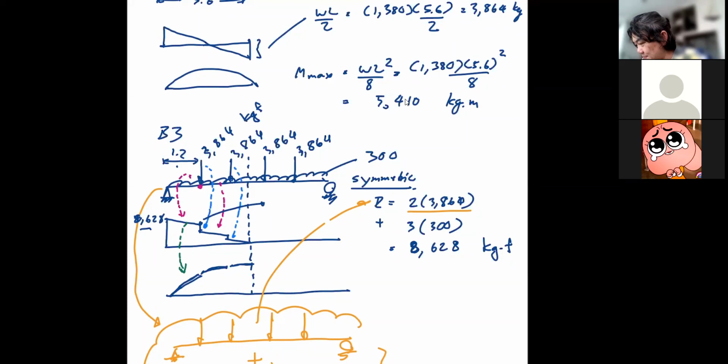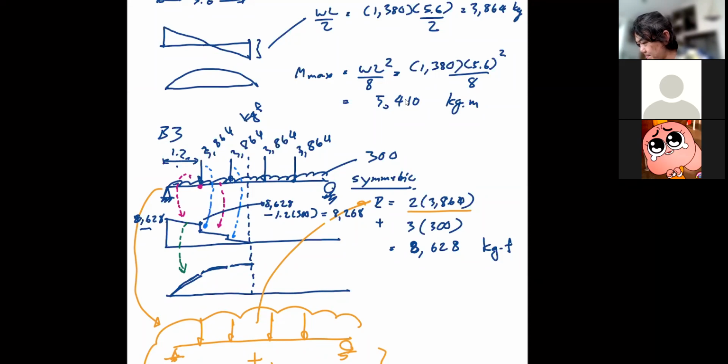So this is 8628 minus 1.2 multiplied by 300, because that's the distance, 1.2 meters, and the uniform load is 300. So there you have it. It's 8268. So forgive me for not writing the unit. I'm running out of space.